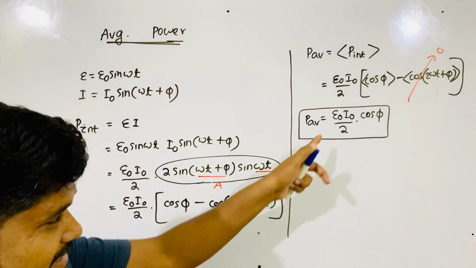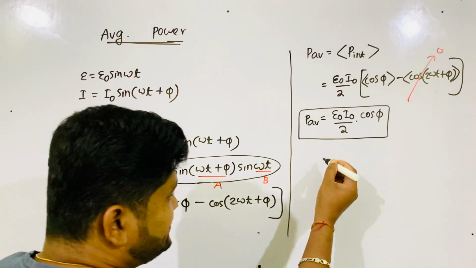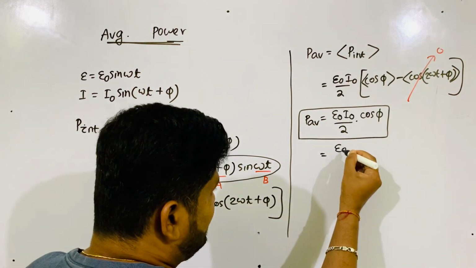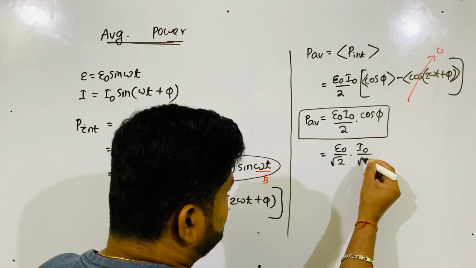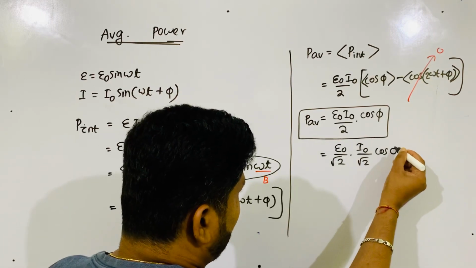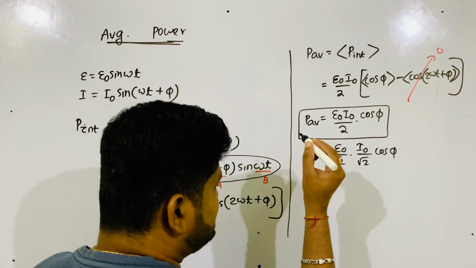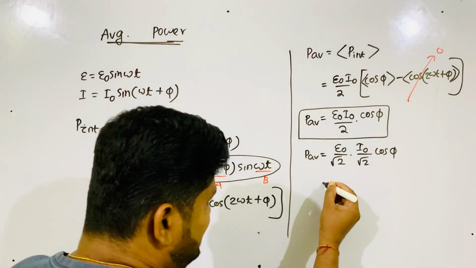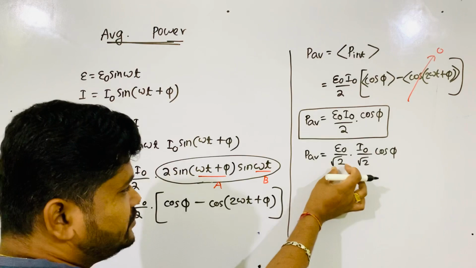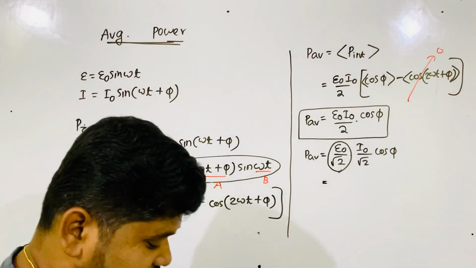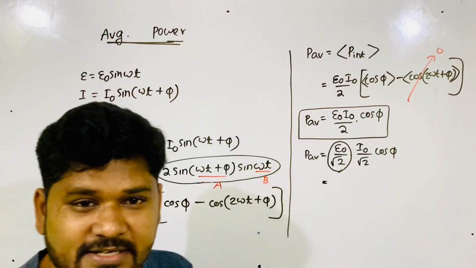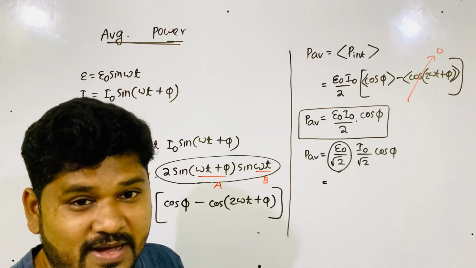Then let's now change this formula a little more. E naught root 2, I naught root 2, cos phi is P average. I just divide the 2 into root 2 because the question may come to your mind, why are you doing it like this. Now you have the answer.